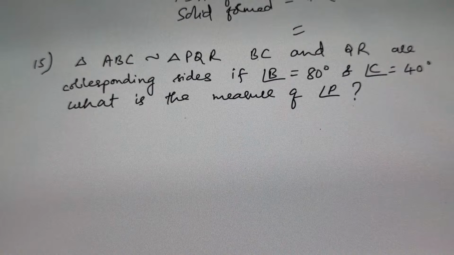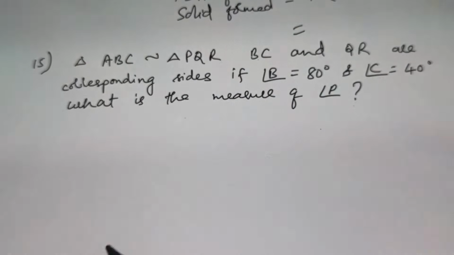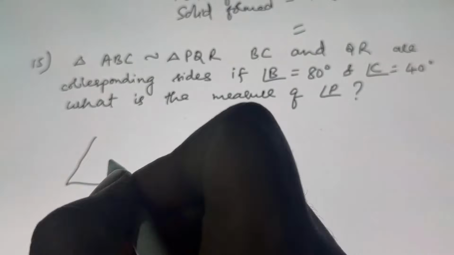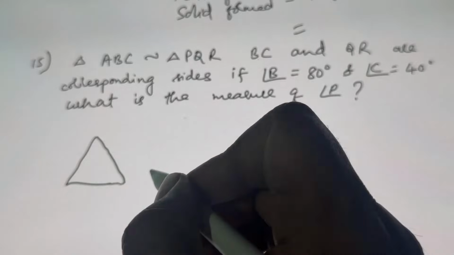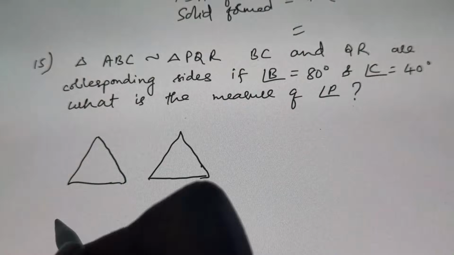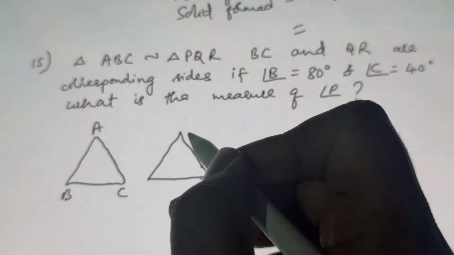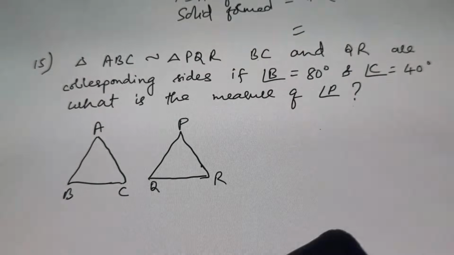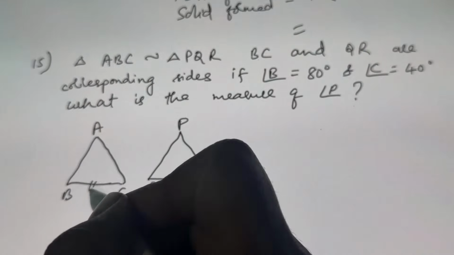From the given question, it is clear that triangle ABC and triangle PQR are similar triangles. So you have to draw two similar triangles. So you have ABC, PQR. Also they have given that BC and QR are corresponding sides.